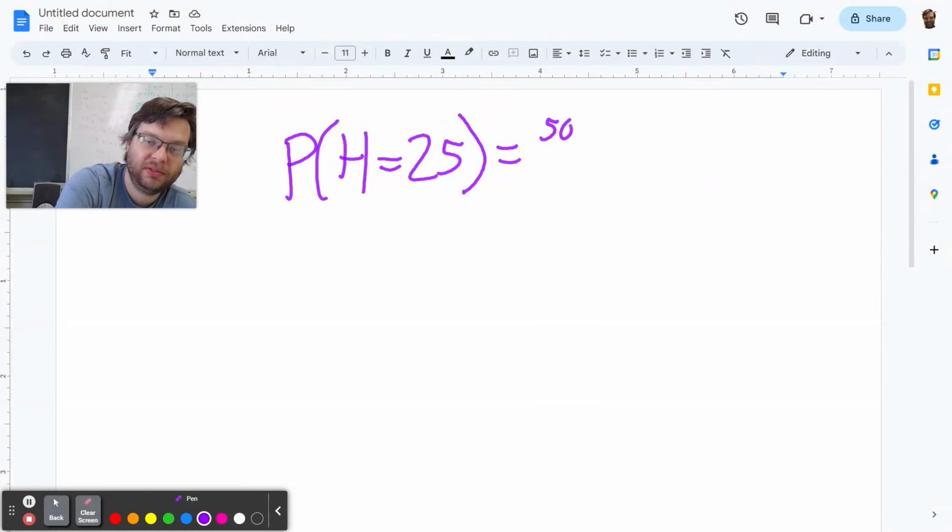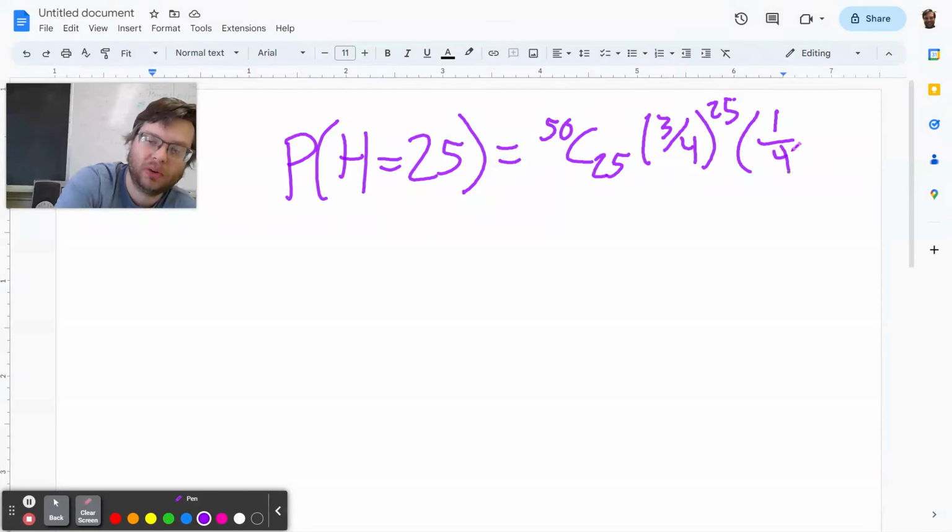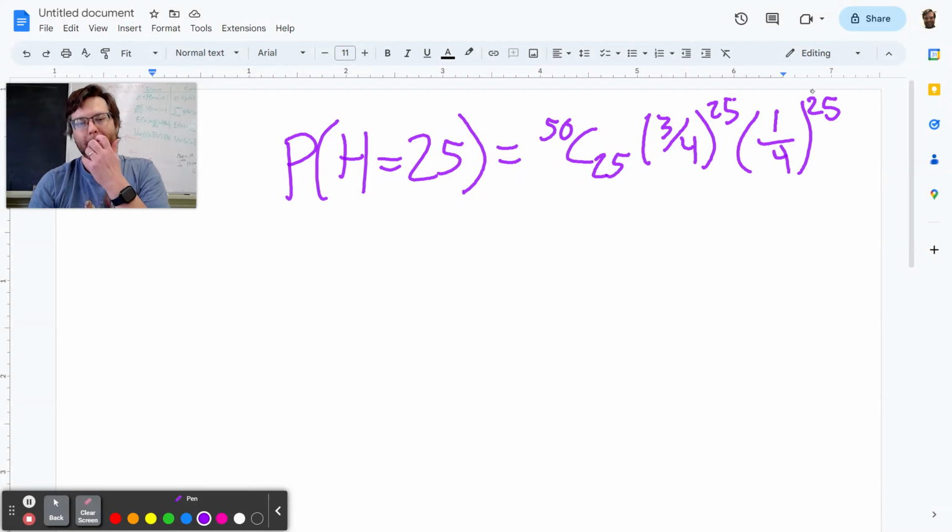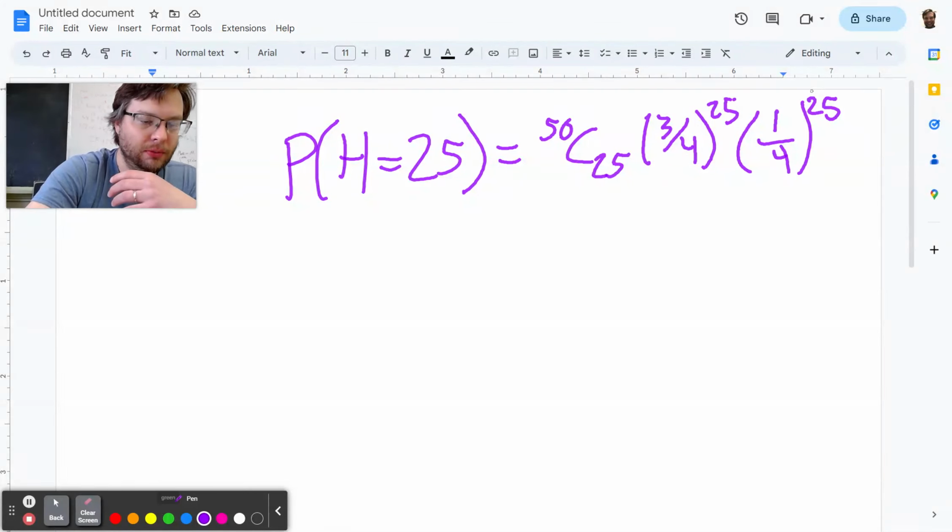You still have 50 flips, and you're still choosing 25 of them to be heads, and I guess choosing the other 25 to be tails. But we now have a 3/4 chance of getting heads, 25 of those, and a 1/4 chance of getting tails, 25 of those.